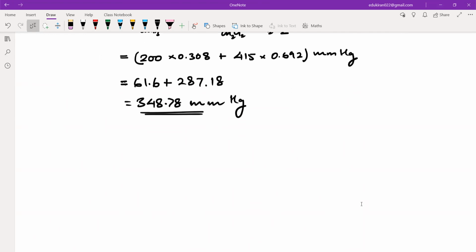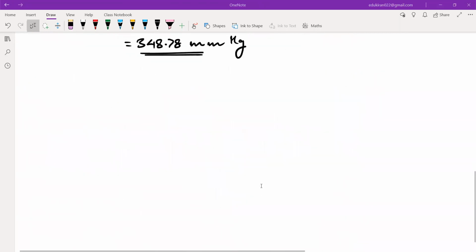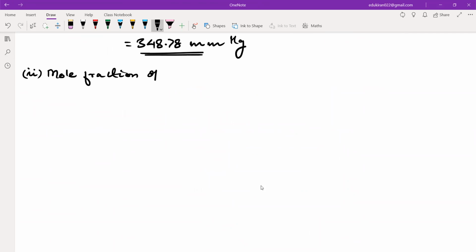Okay. So now let us move on to the next question that they have given us here. The mole fraction of each component in the vapor phase. Okay. So next question is what? Mole fraction of each component in vapor phase.